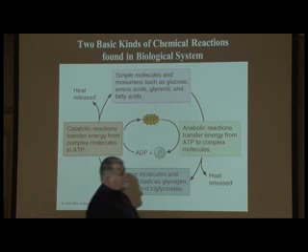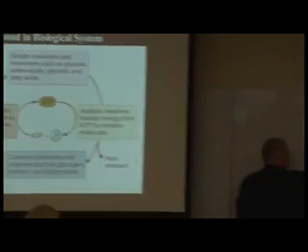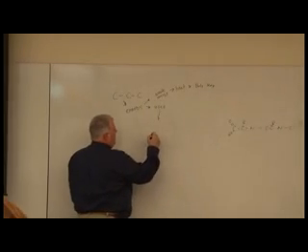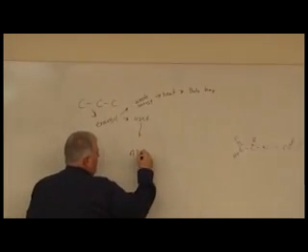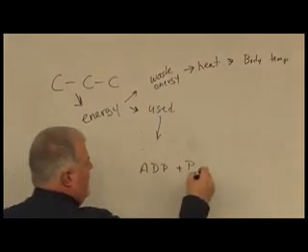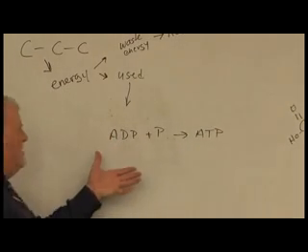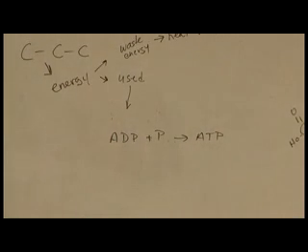And so this energy that we use, we harness into ATP. We take an ADP molecule, we add a phosphate to it, and we get an ATP. So is this a catabolic or an anabolic reaction? It's an anabolic reaction.